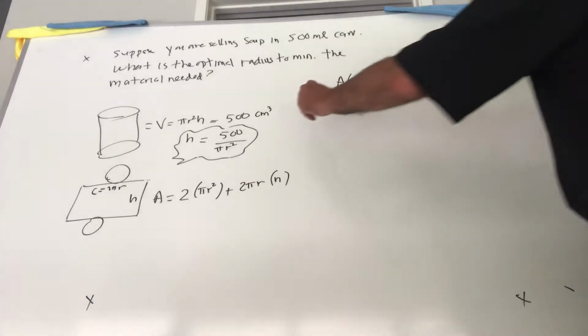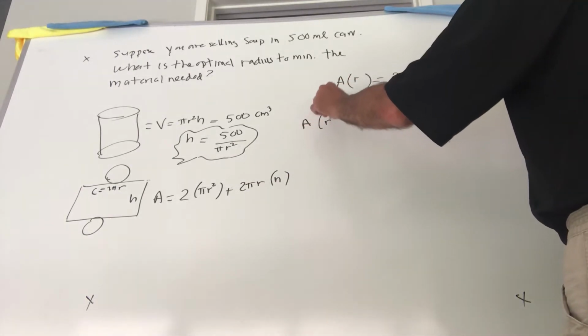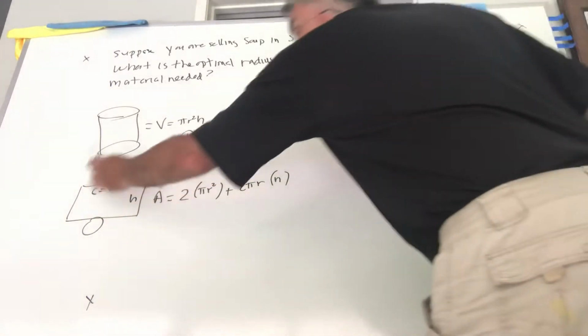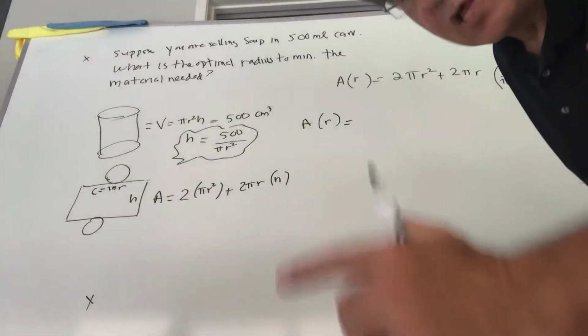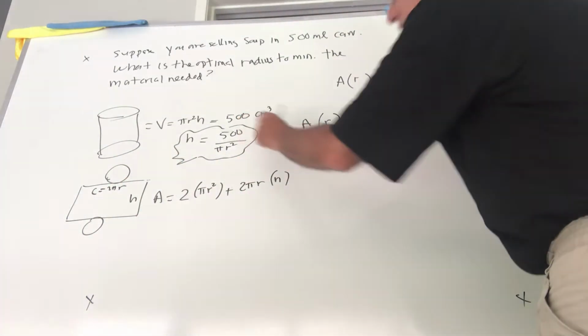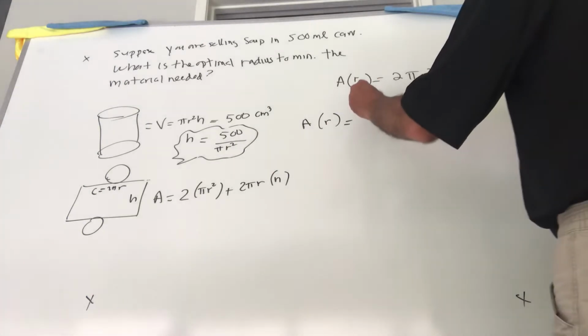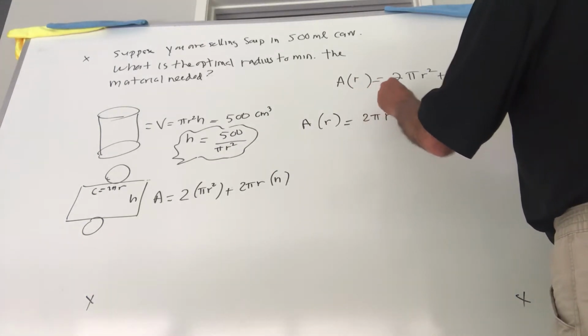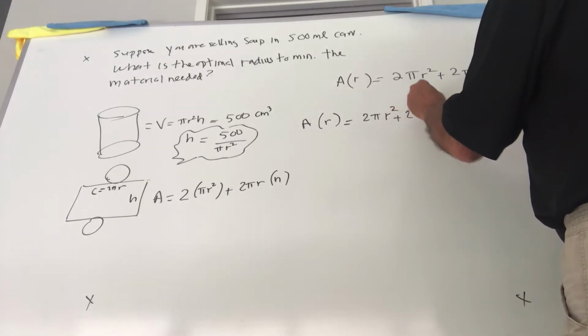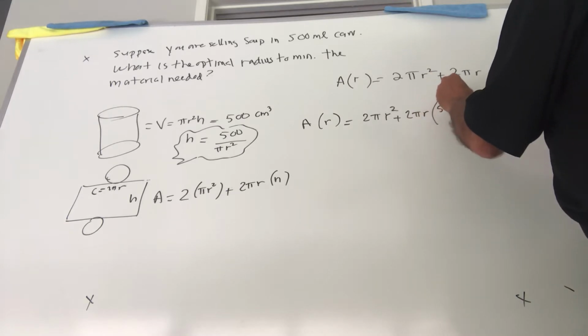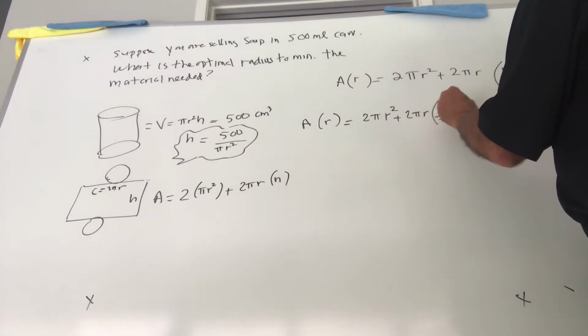So what I get then is the area in terms of the radius, and this is the big deal, for a can that holds precisely half a liter, it would be 2 pi r squared plus 2 pi r times 500 over pi r squared.